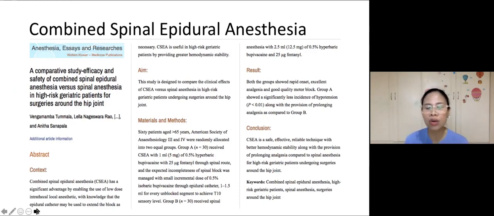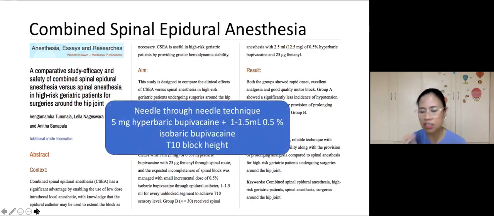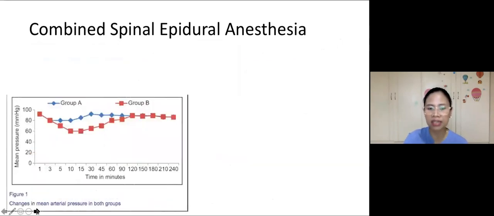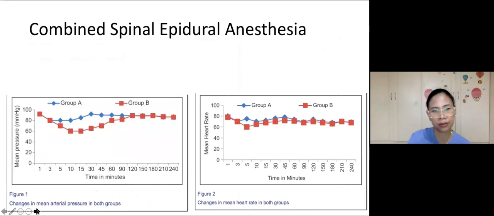So what they did was a needle-through-needle technique, and they injected just 5 milligrams of hyperbaric bupivacaine intrathecally and supplemented it with an epidural of 1 to 1.5 ml of bupivacaine until they were able to reach a T10 block height. And with this technique, they found out that there was more hemodynamic stability in terms of heart rate and blood pressure. Okay?